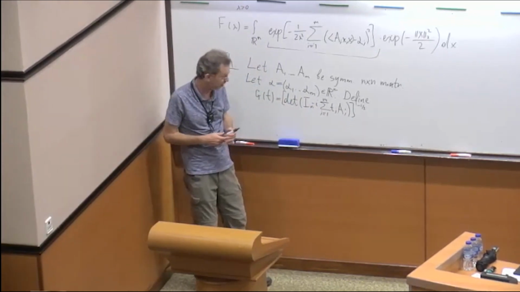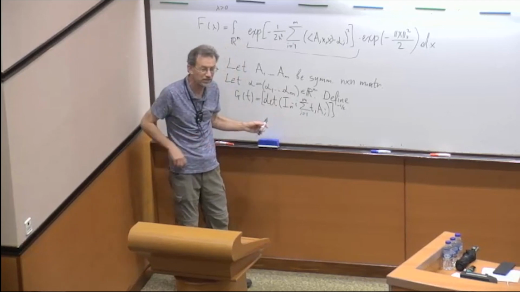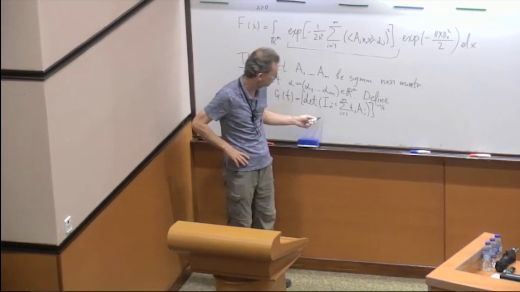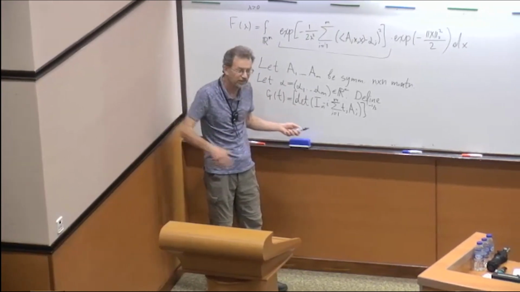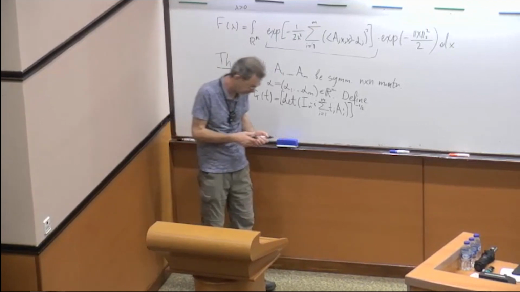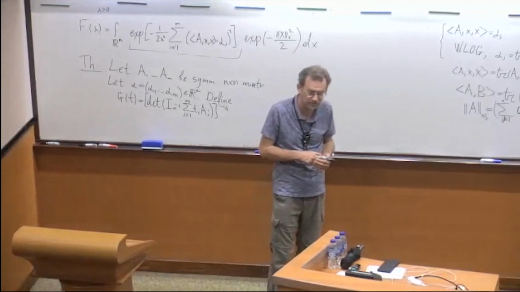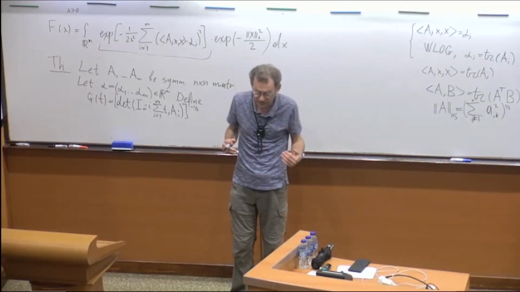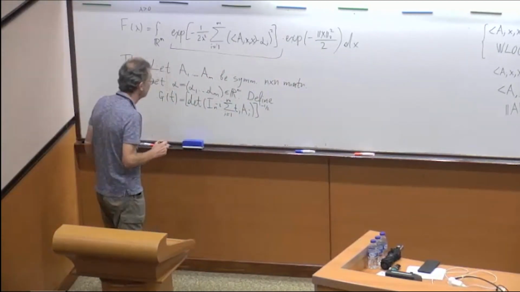But that's easy, because the matrix is symmetric, so the determinant is a product of eigenvalues, and eigenvalues have a real part. One, I can define the branch of the logarithm, and just take square roots of the eigenvalues, multiply them, and this is defined.